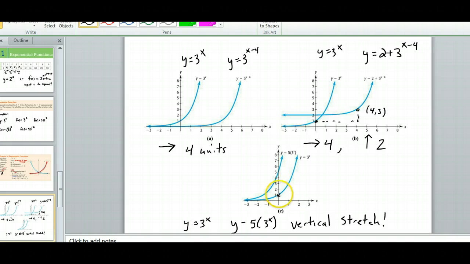So notice this had (0, 1) as its old y-intercept. Now this has (0, 5) as its y-intercept, because of that 5 that we multiplied it by. So just the exact same transformations as before is the thing I want you to understand here.